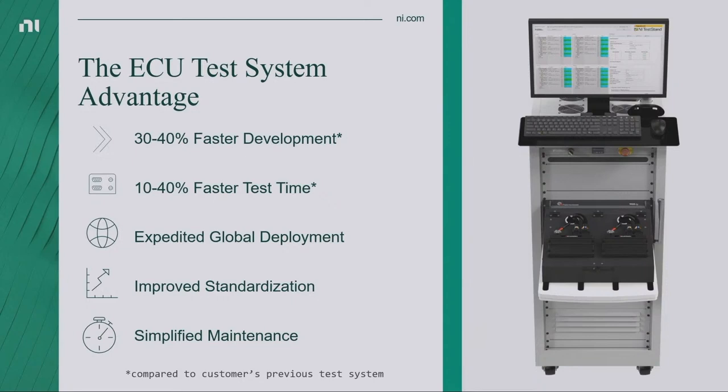With up to 40% faster development time, it also provides true parallel testing capabilities for 2 ECUs with up to 480 test points each, reducing the test time by up to 40%. Since NI delivers this globally, we optimize this production to deliver it to you anywhere in the world within 12 weeks after receipt of order. ECU TS improves standardization and also simplifies maintenance.